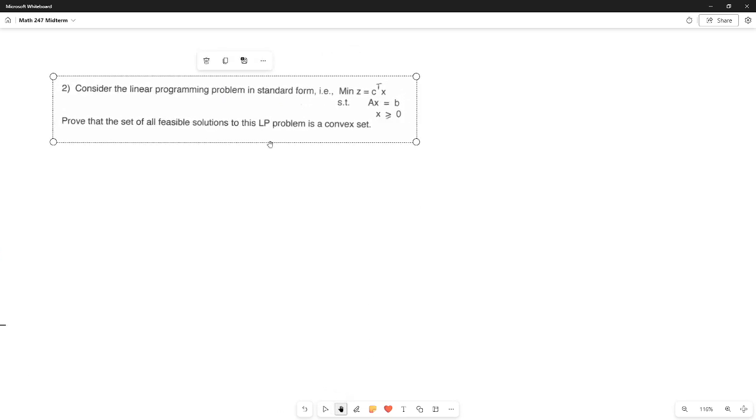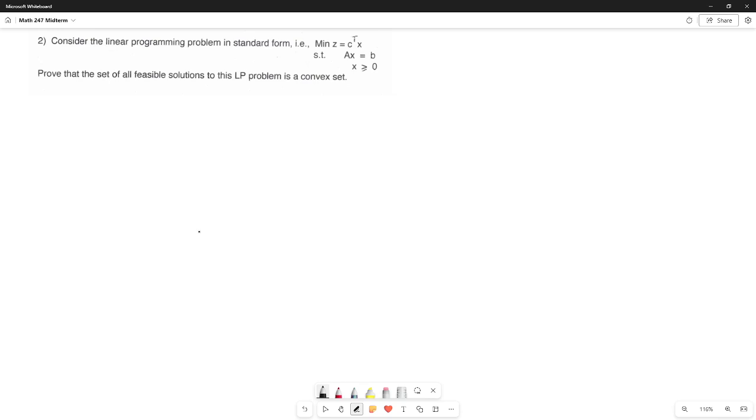All right. So on our exam, remember number 2, we're going to have a proof. For that proof, you have to be able to understand what convexity is. And so that's what we're doing here, where we want to consider the linear programming problem in standard form.